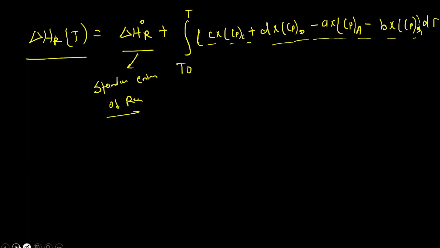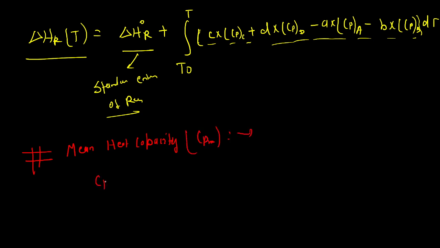Next important thing that arises here is mean heat capacity. It's very important. Sometimes you will have to calculate mean heat capacity, that is Cp mean, because Cp may be a function of alpha plus beta T plus gamma T square.